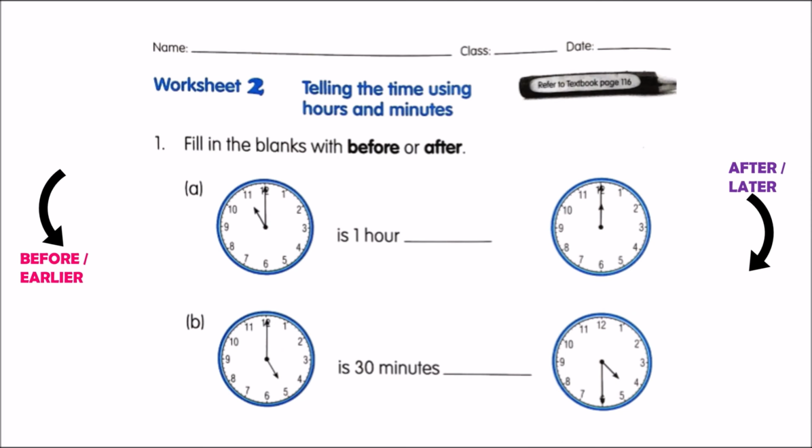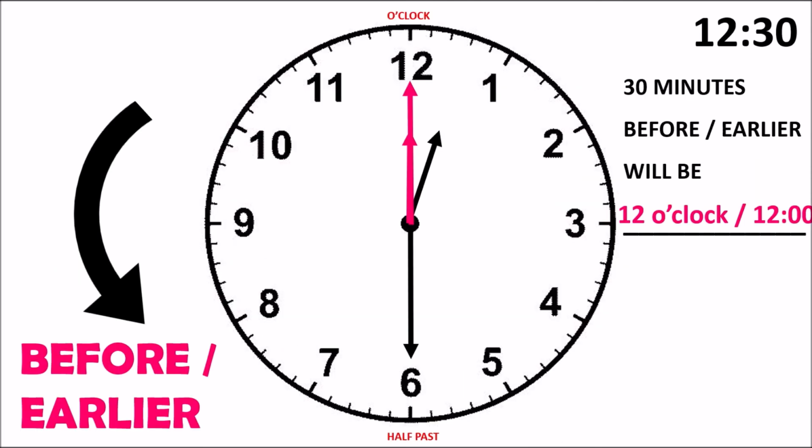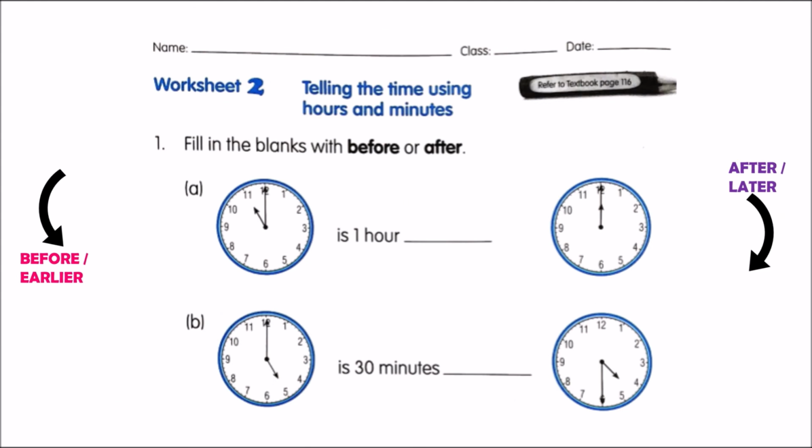Okay, grade 2s. That wasn't very easy, but if you think carefully and you do it slowly, you can try your best to remember. If I go in a clockwise direction, it's after. And if I go anti-clockwise, it's before.